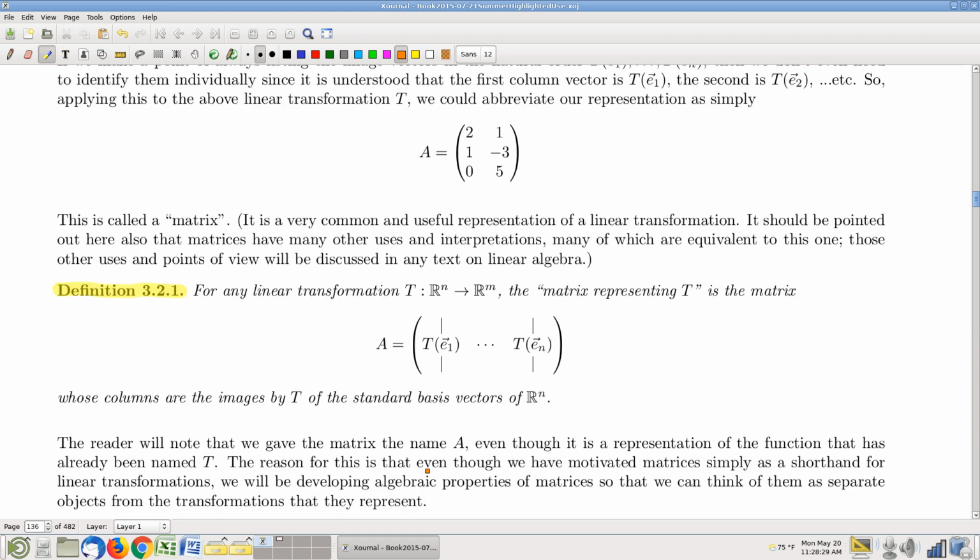Okay. So here's our definition. The matrix representing a linear transformation is a matrix where the columns are the images of the standard basis vectors.